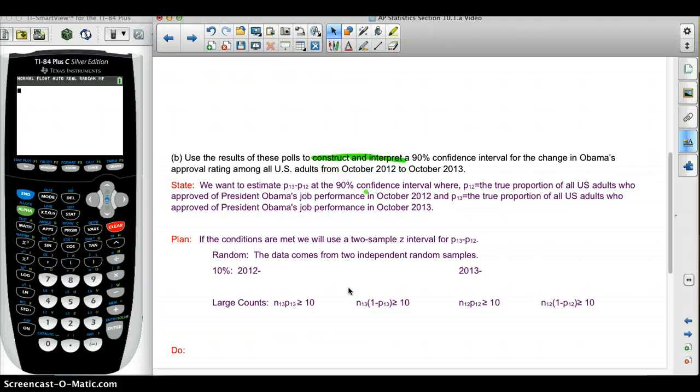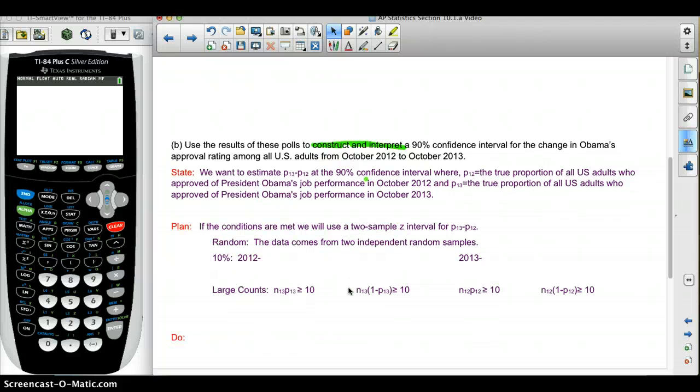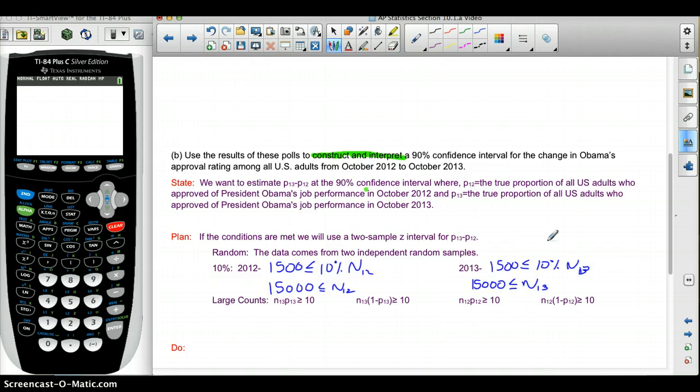Random: up above it tells us the data comes from 2 independent random samples. Okay, we have to check the 10% condition for both of our years. So can we say that in both years 1,500 is less than or equal to 10% of the total population of all U.S. adults?